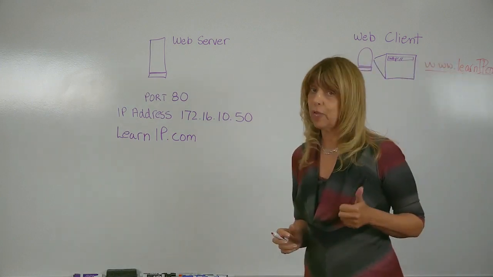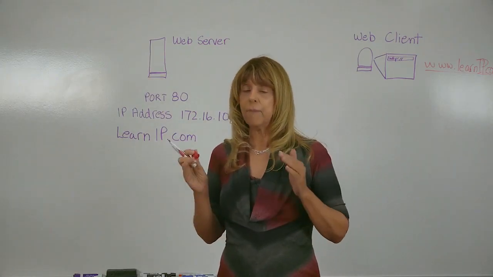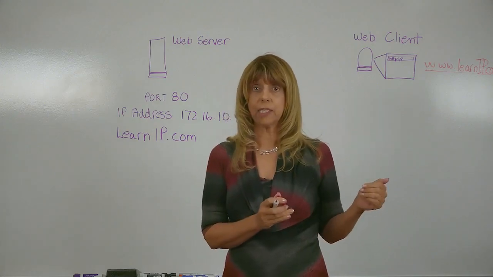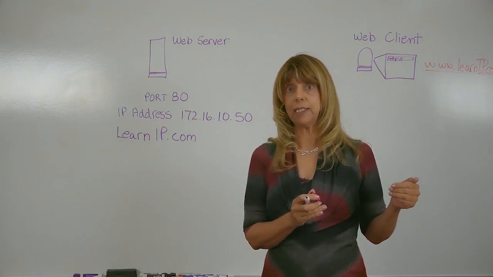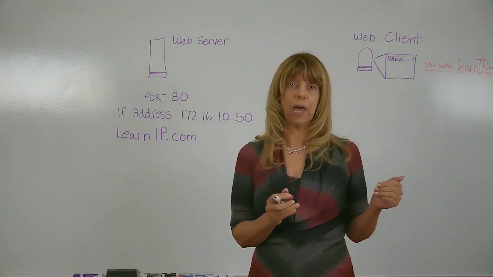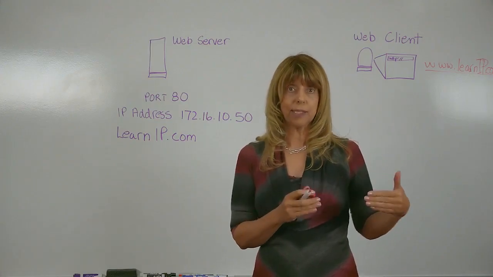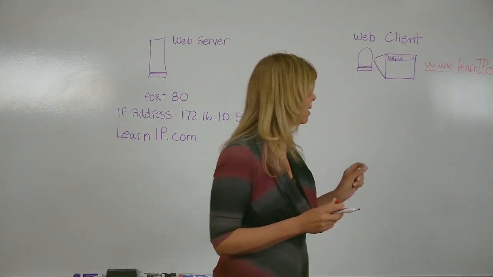As we all know, and we have learned so far, the URL must be translated back to an IP address before the transmission can be sent, because the internet, or any network for that matter, doesn't process the domain names, it processes the IP addresses when it's forwarding and transmitting packets.